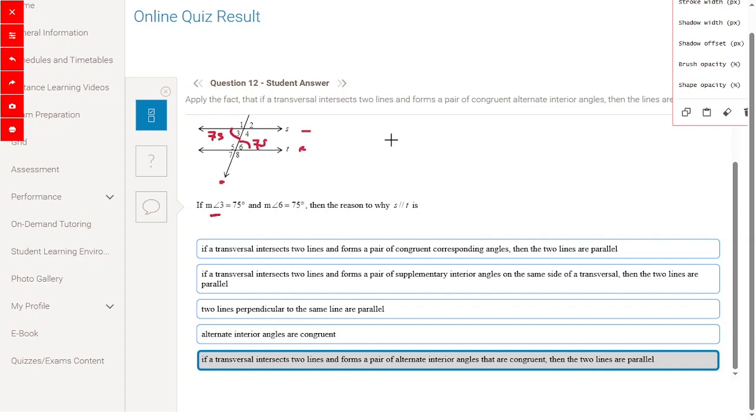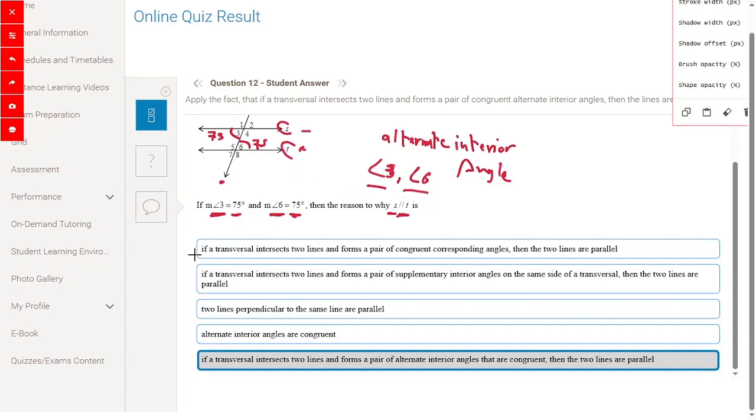Now our question here is asking about alternate interior angles, because these two angles, angle 3 and angle 6, are alternate interior angles. And if they are congruent and equal, that means these two lines are parallel. Okay, so now let's see the answers. Here it says the measurement of angle 3 is 75 and the measurement of angle 6 is 75. You want to prove why S is parallel to T.